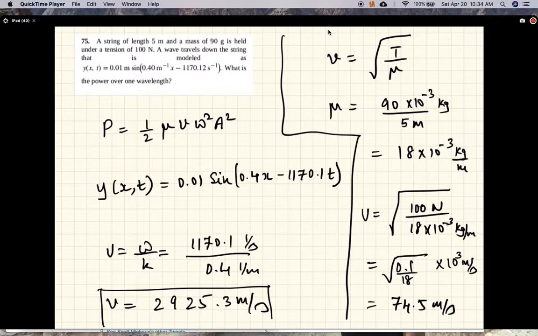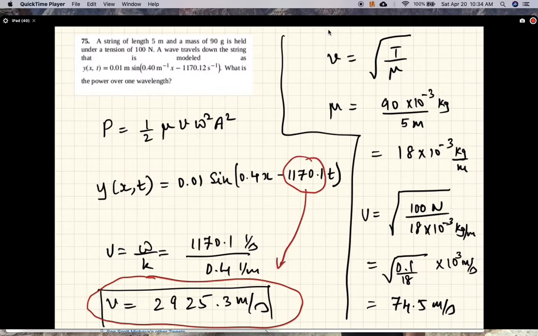Let me mark this. These two numbers are wrong and have been changed.